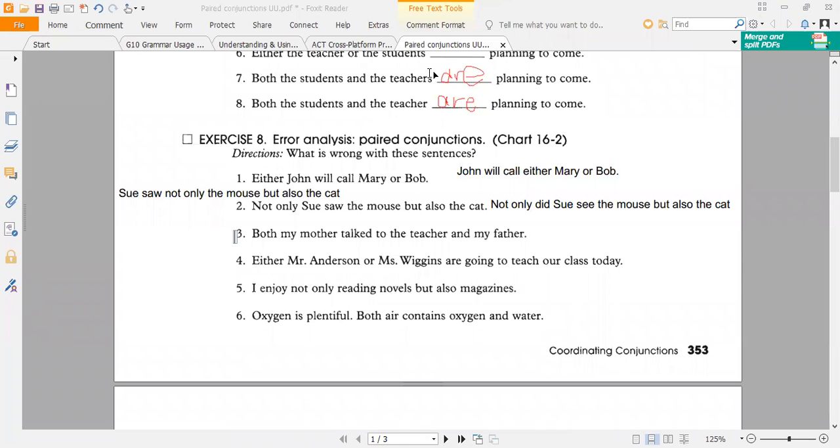My teacher talked to both my mother and father. What about if I wanted to make your mother and father the subjects in the sentence, not the objects? They're the ones who approached the teacher, the ones who made the phone call. I want them as the subject, not the object.